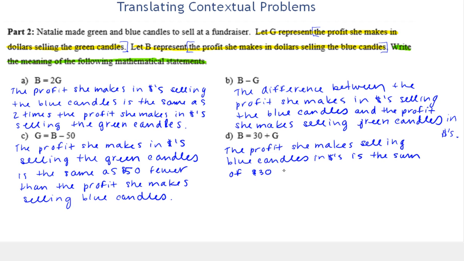$30. Now we put and to connect what we're finding the sum of, $30 and the profit she makes selling green candles.